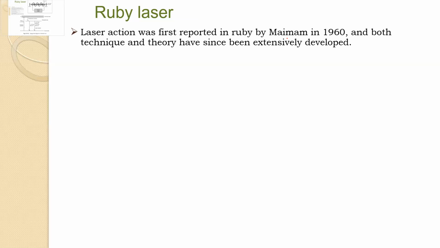The laser action was first reported in ruby by Maiman in 1960, and both the technique and theory have since been extensively developed. The first laser made by Maiman, that is the ruby laser, is in 1960.